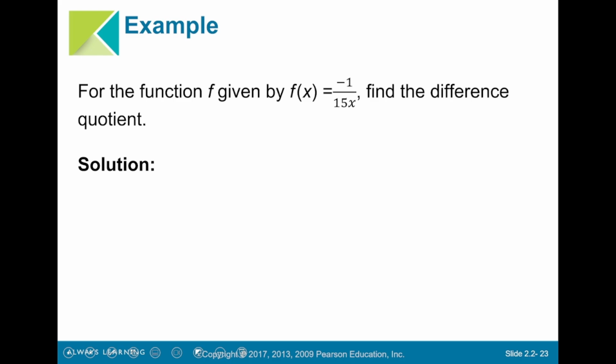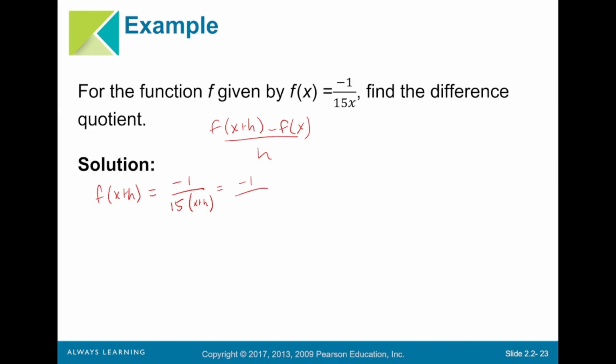Now let's do the same thing for this function. Remember that the difference quotient is f of x plus h minus f of x all over h. So let's find f of x plus h first. That's negative 1 over 15 times x plus h. Okay. Negative 1 over 15x plus 15h.